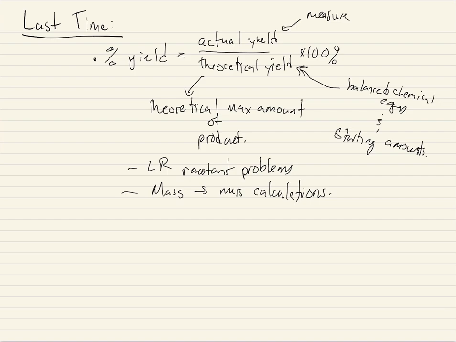So mass to mass calculations or any variation of that. On the quiz last Monday, you were given a chemical reaction. You didn't have to go mass to mass because you were given the moles of one of the reactants. So you did moles to mass, which is less steps. Any questions on percent yield, or does anyone have any questions from those lectures that they want to clear up?